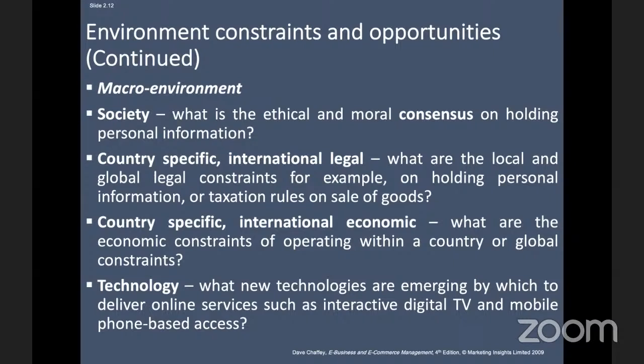Country specific or international legal. What are the local and global legal constraints, for example, on holding personal information or taxation rules on sale of goods? When you are going for an internationalization strategy, when you are going to other countries to address your international audience, then you have to consider certain legal factors and constraints.